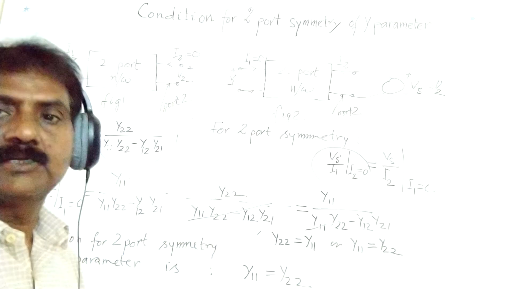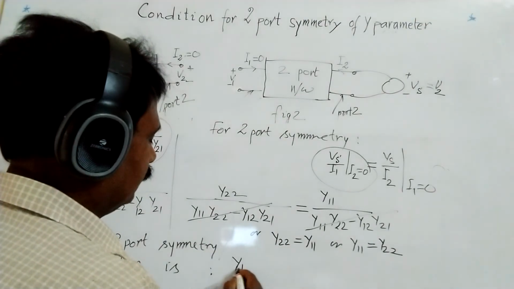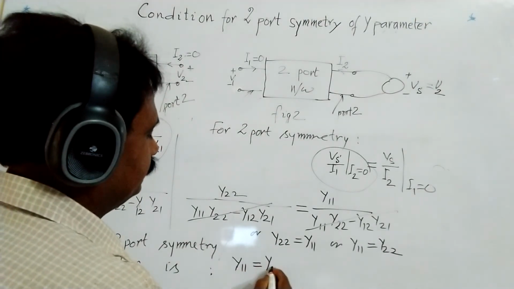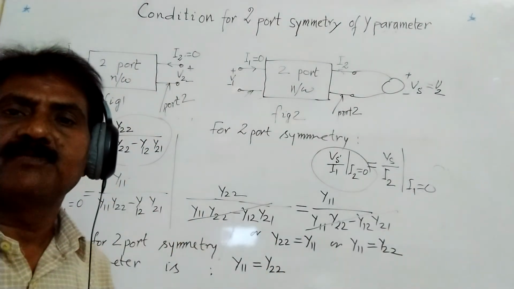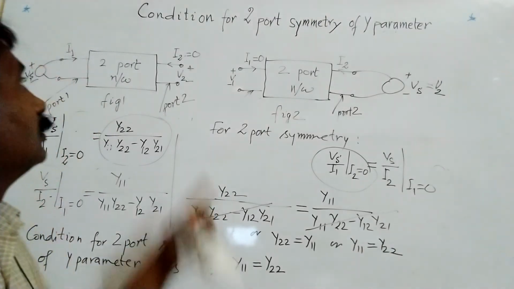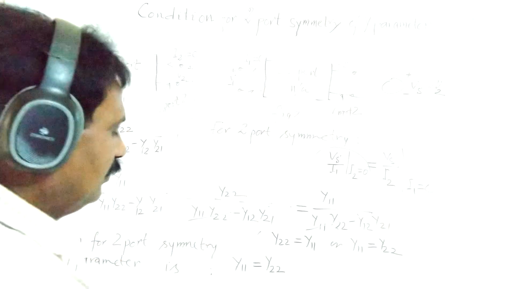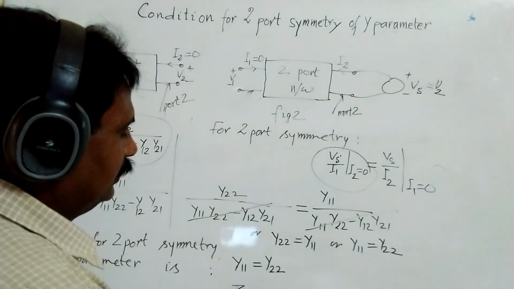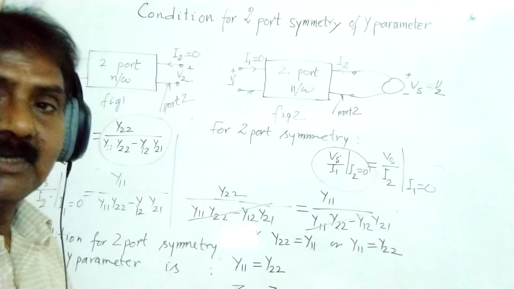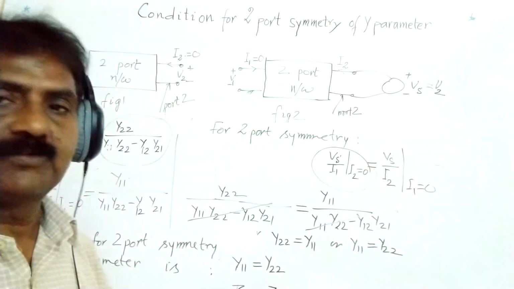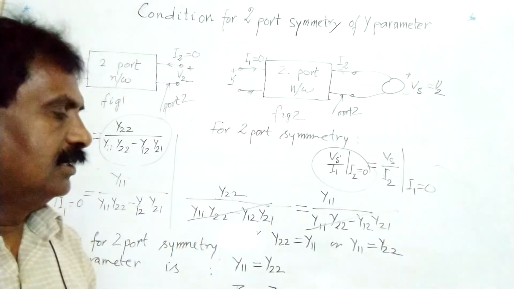In the previous case, when we were talking about the two conditions of two-port symmetry for z parameter, we had found z11 equal to z22. Then you can just memorize it: in z parameter z11 equal to z22, and in y parameter similarly y11 equal to y22. This is the condition.